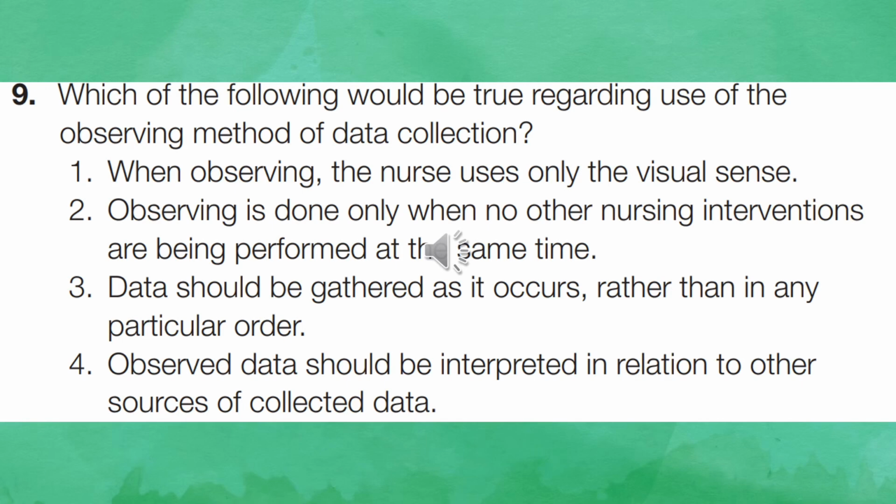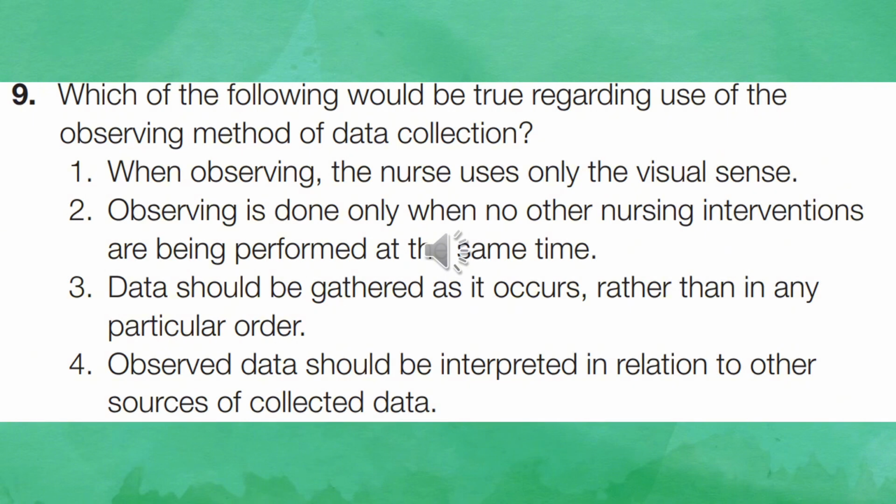Observed data should be interpreted in relation to other sources of collected data. Okay? What's your answer? Okay, so the correct answer is 4. Okay? Observed data should be interpreted in relation to other sources of collected data.